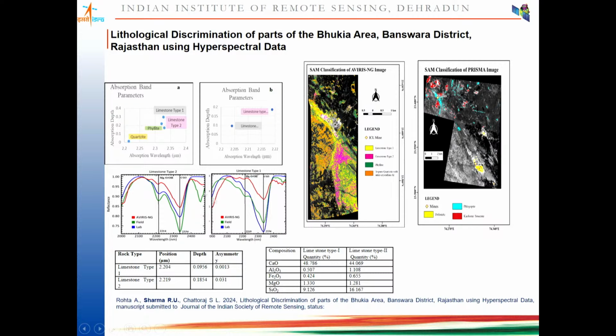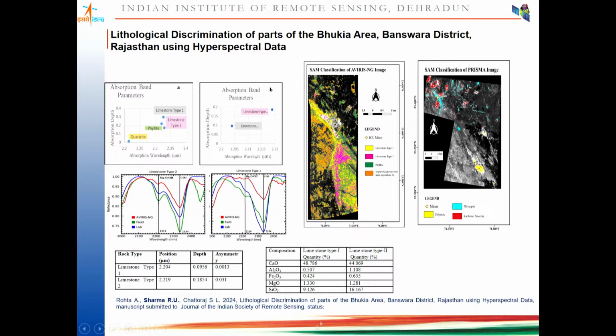Now how did we discriminate between these two? We did this using the absorption at 2.2, because of the presence of Mg-OH. We found that the absorption is more for limestone type 2, whereas it is less in type 1.